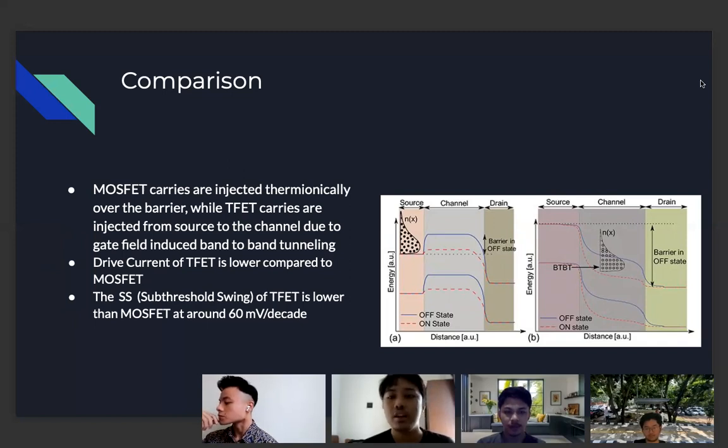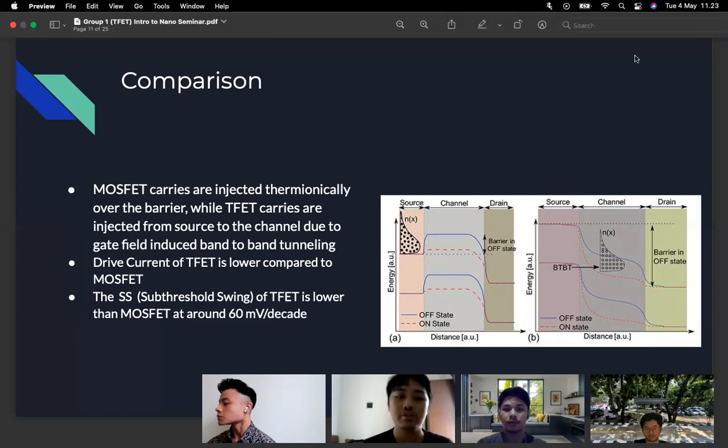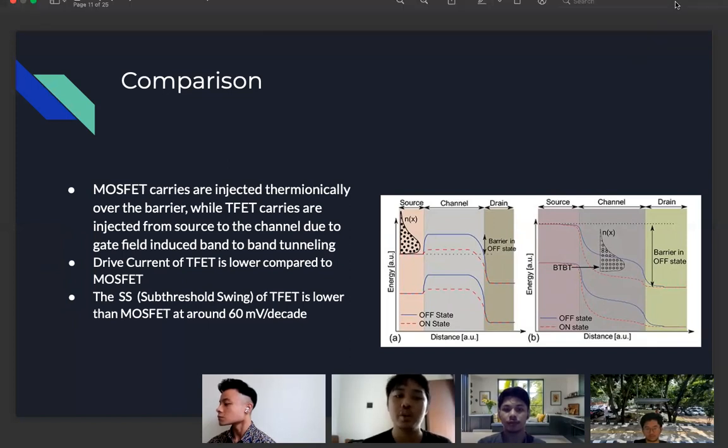And in the picture it can be seen that the drive current of TFET is very low compared to the MOSFET, which is considered the most conventional FET. And the SS, or sub-threshold swing, of TFET is much lower than MOSFET, at around 16 millivolt per decade. And then next.